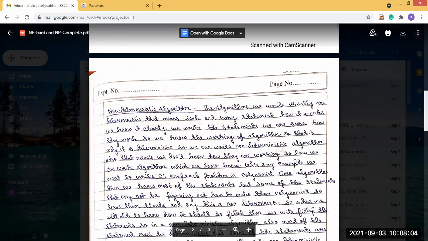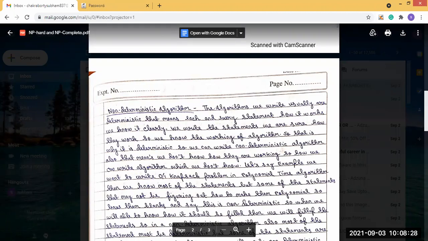If we want to write an algorithm, and in that algorithm we have written some statements, and what they are used for we know, that is deterministic, because we already know about that.